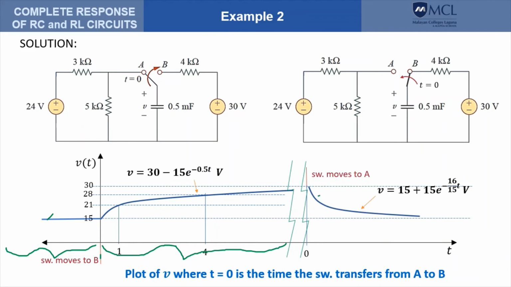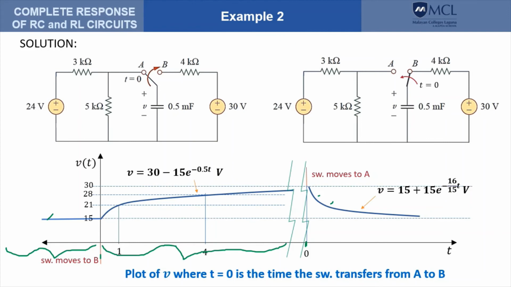So this point here is actually 20 seconds after the switch is transferred to B, but we have reset the time t equals zero for this example as the time when the switch is turned back to A, and that should give us this curve here.